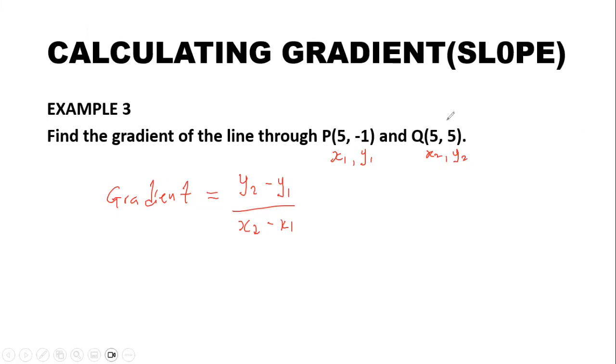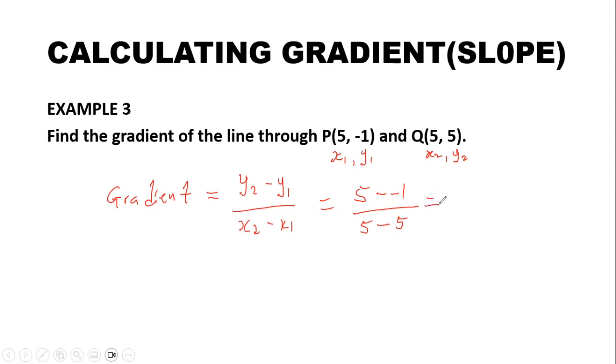So we substitute these values into our gradient formula, and this is equal to y2 is 5 minus y1, so -1 all over x2 is also 5 minus x1, which is also 5.